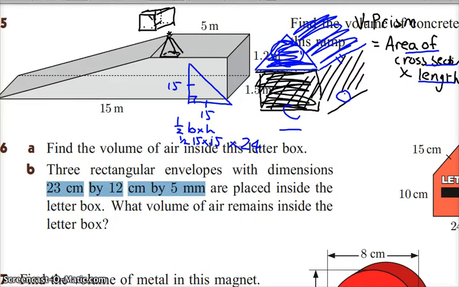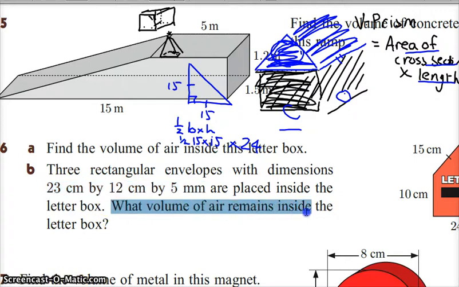Okay? So in question B, we've got to find the volume of those 3 envelopes. And then, as Jake, you've said, we've got to subtract it from all of these calculations that were done up here. Okay? So in part A, we found the volume of the letterbox. In part B, we're finding the volume of the 3 envelopes and subtracting it from the letterbox because it says what volume remains inside the letterbox.